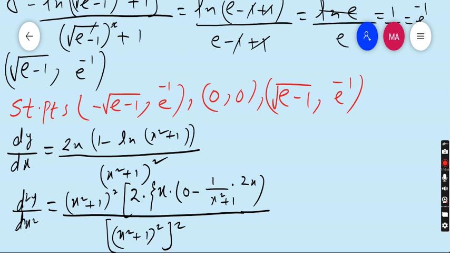So this is plus ln(x square plus 1) dot derivative of x, which is 1. So this is the derivative of u.